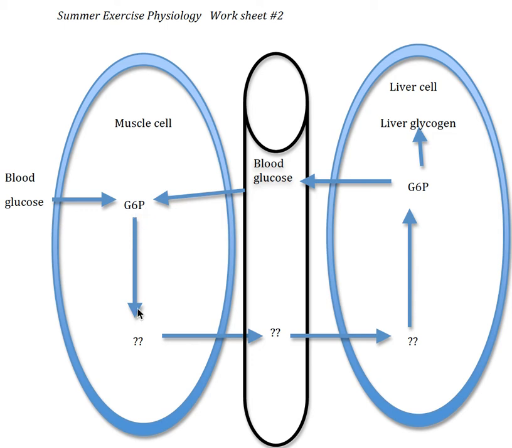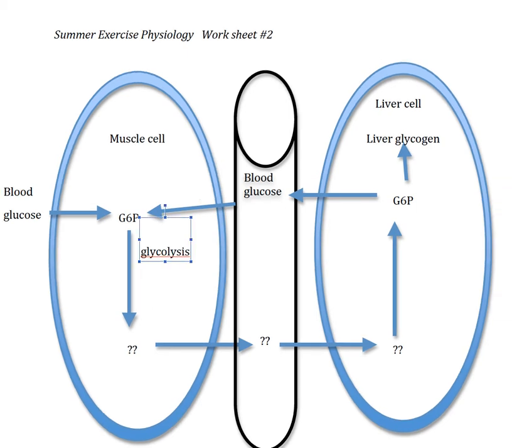And this down arrow represents glycolysis. And you know that the end products of glycolysis are a net of 2 ATPs and also 2 lactate molecules.